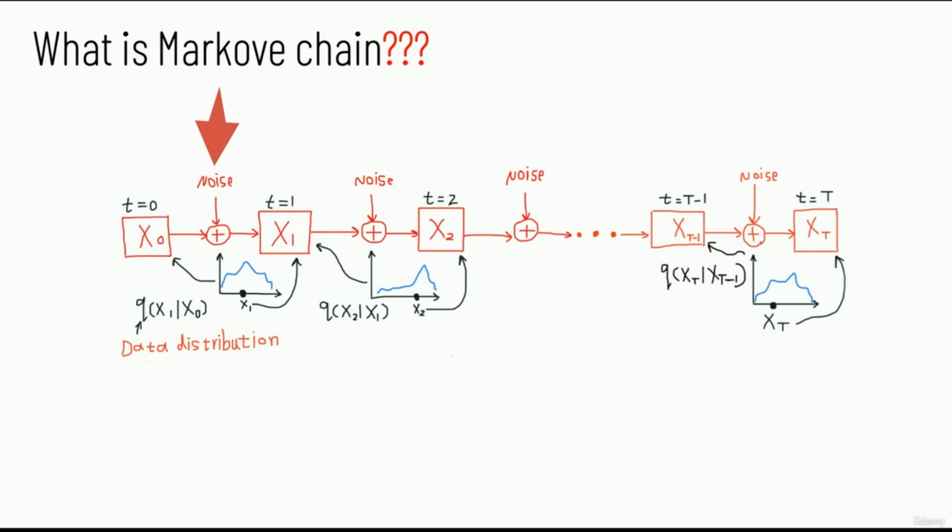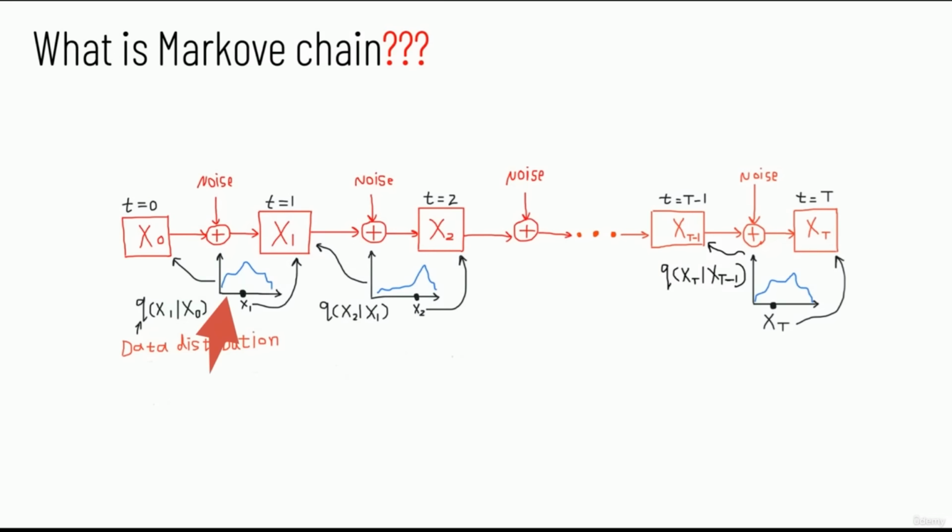So we will get x1, and now we are at time step 1. And here this output x1 is not constant, because the noise that we will add to each pixel in our x0, we will take it randomly from our Gaussian distribution.